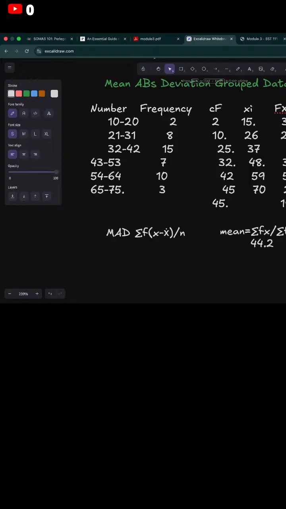Then we add all these values of x minus the mean, we should get a number here. So we add it, 18.2 plus 29.2, we should get 99.